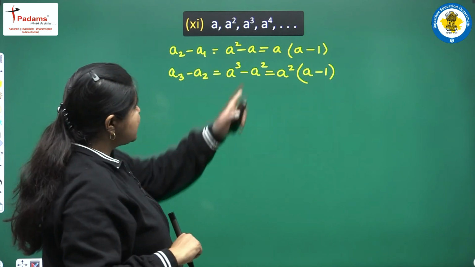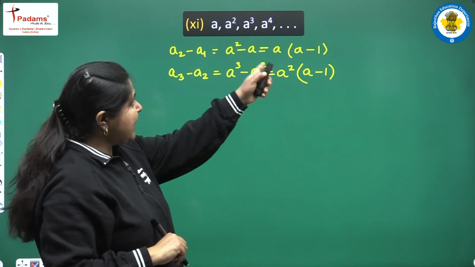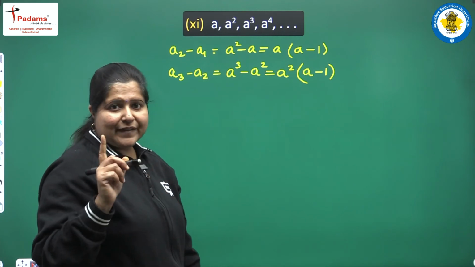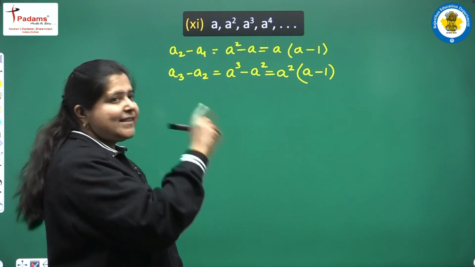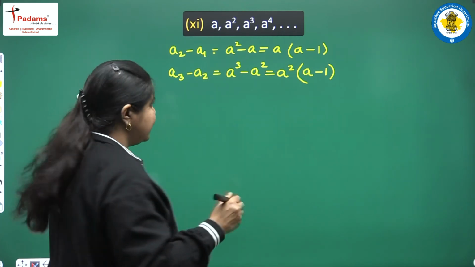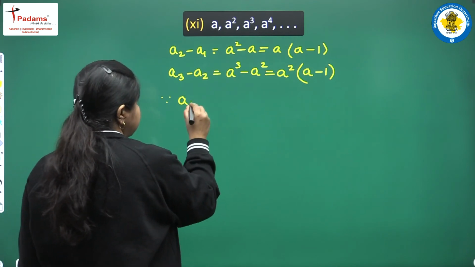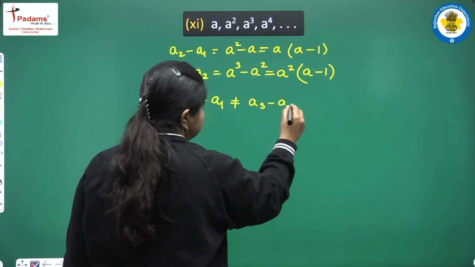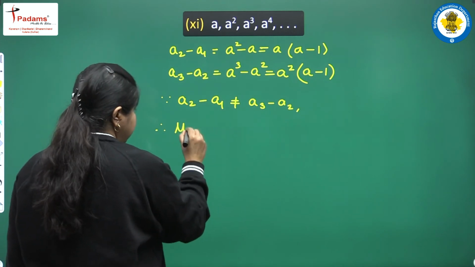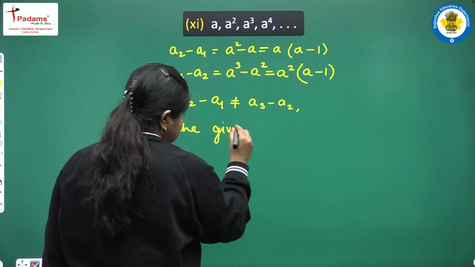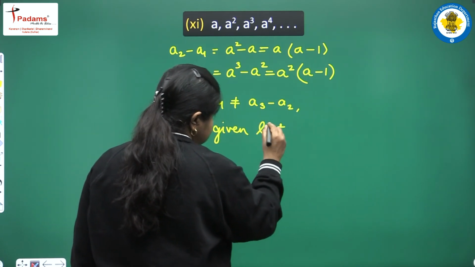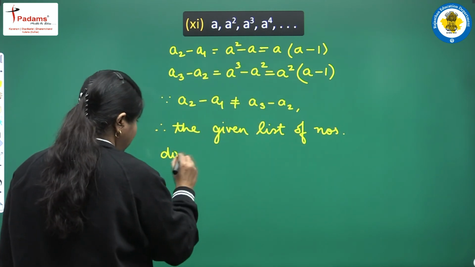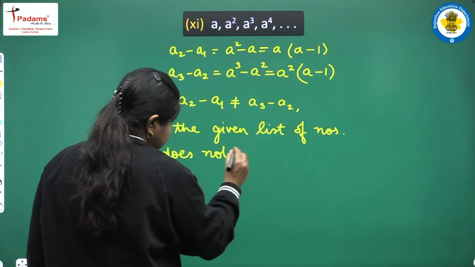But are these two expressions the same? ये तो है A into A minus 1 और ये है A square into A minus 1. तो difference same नहीं है और इसलिए ये list of numbers एक AP नहीं है. We write here, since A2 minus A1 is not equal to A3 minus A2, therefore the given list of numbers does not form an AP.